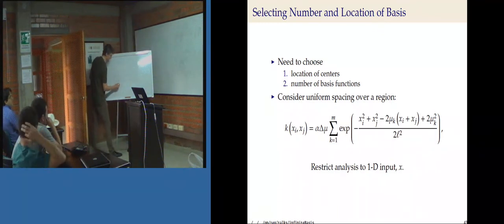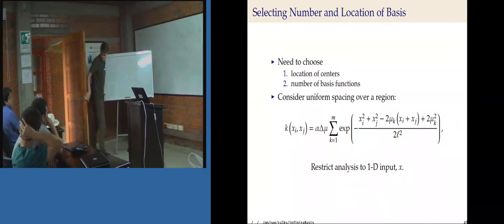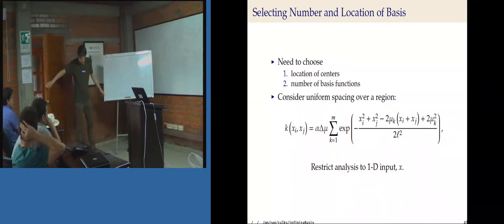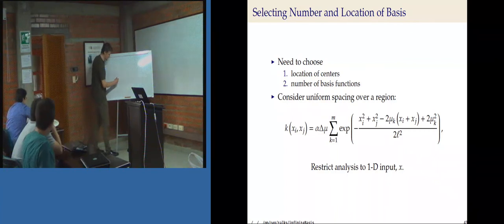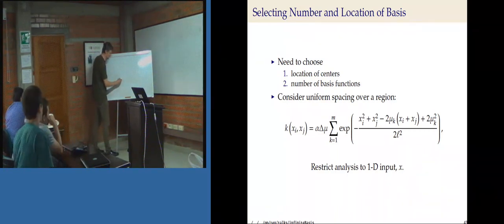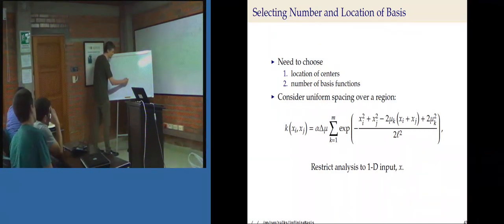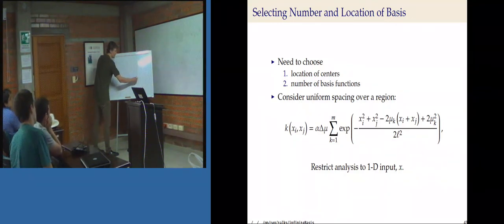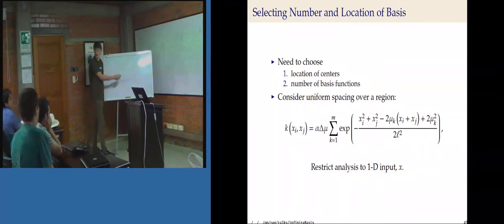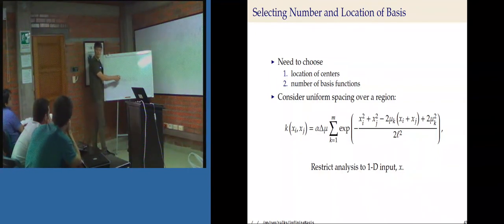We choose a location A and we choose a location B. And then we uniformly space basis functions at some distance delta mu apart. So the number of basis functions is defined by b minus a divided by delta mu. Yeah? And so you can kind of, I hope, see where I'm going to go with this.